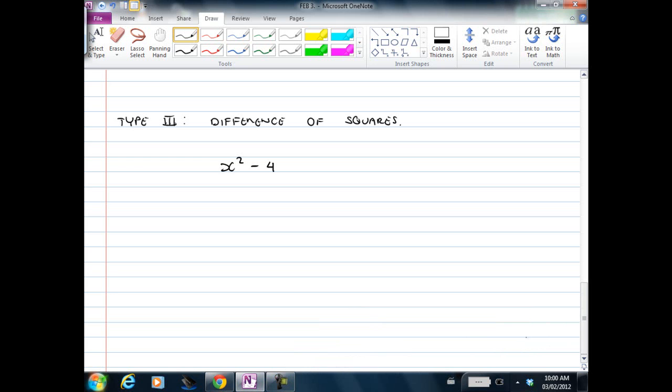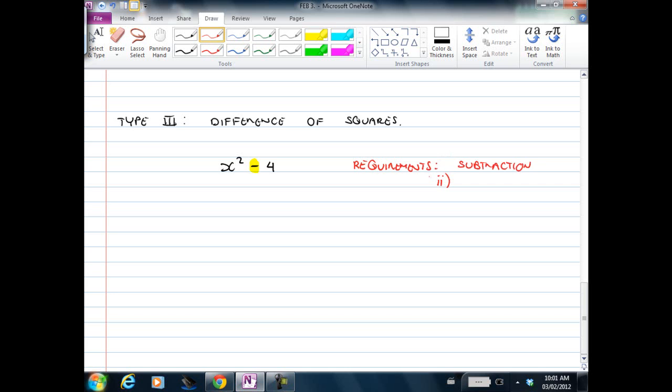Guys and gals, difference of squares. In order for you to factor a difference of squares, number one, this has to be a minus sign. No exceptions to that rule whatsoever. Okay. Number two, requirements. If you meet these requirements, you can use the technique. Number one, it has to be subtraction. That's the first thing.